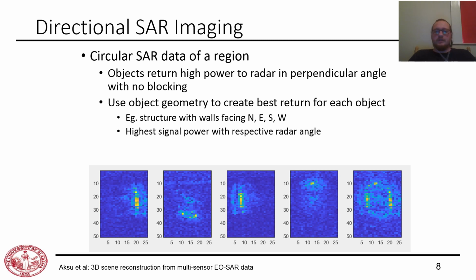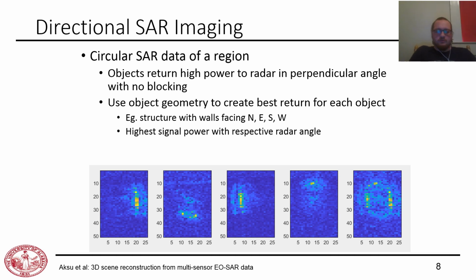So we use object geometry to create the best return for each object. An example is a structure with walls facing north, east, south, and west, which will have the highest signal power when the radar is in the north, east, south, and west of the object.